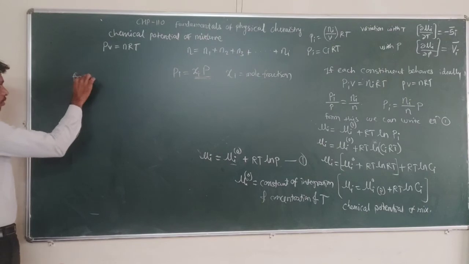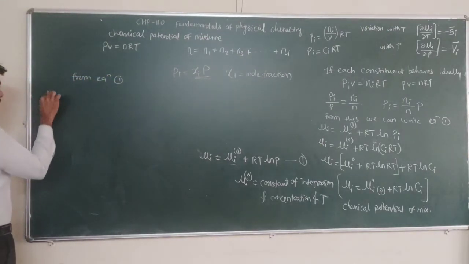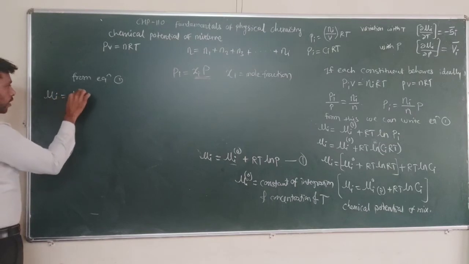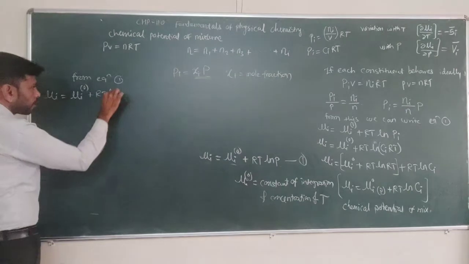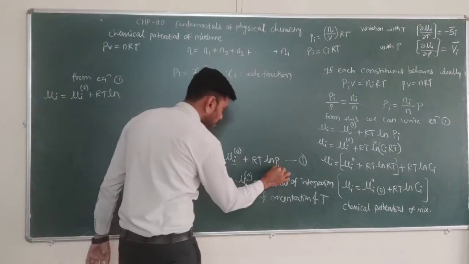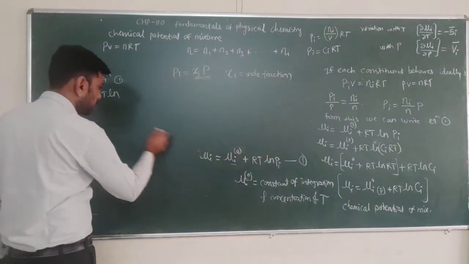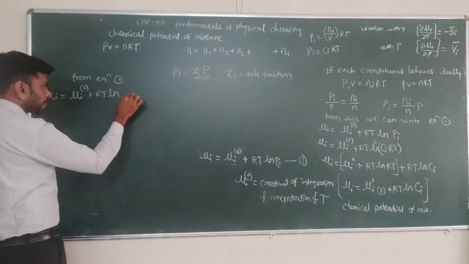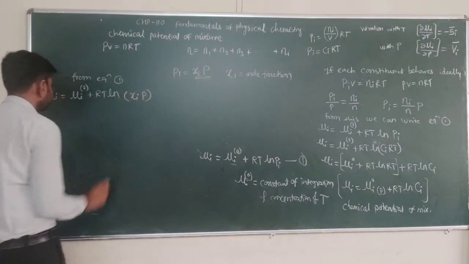So from equation number 1, we can write mu i equal to mu i 0 plus RT ln Pi, where this Pi should be replaced by Xi into total pressure.